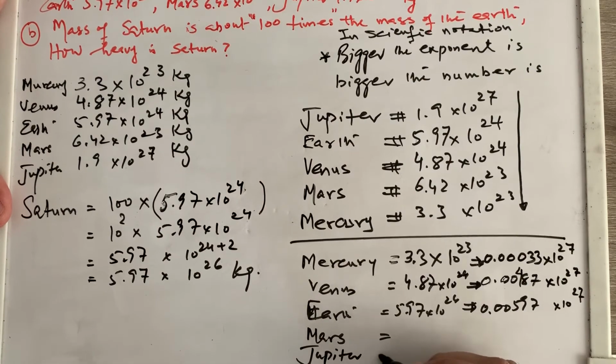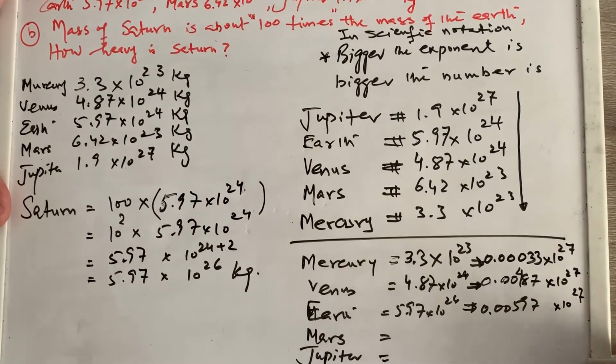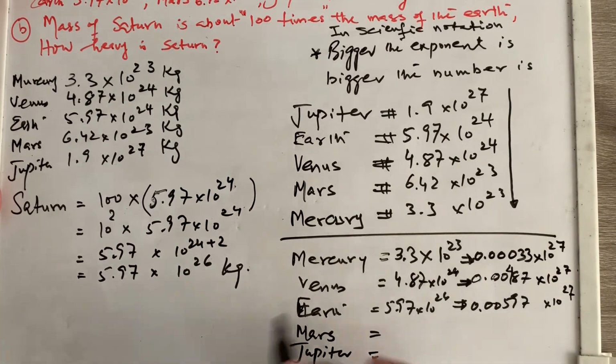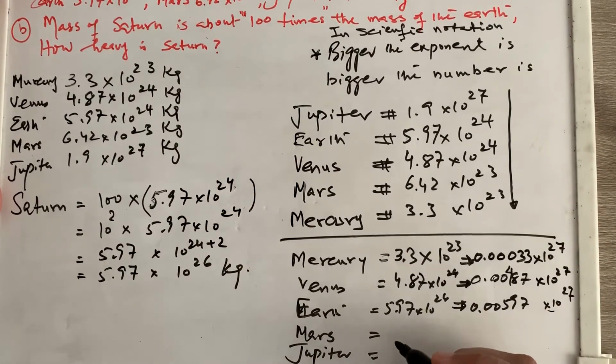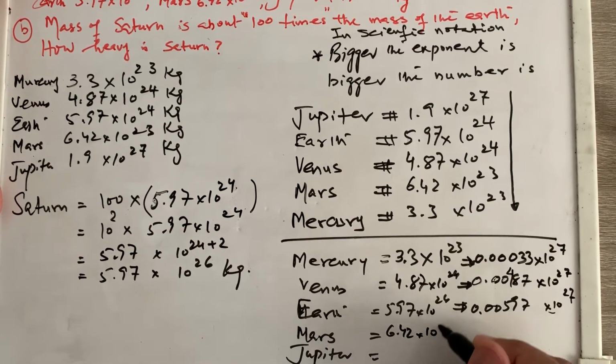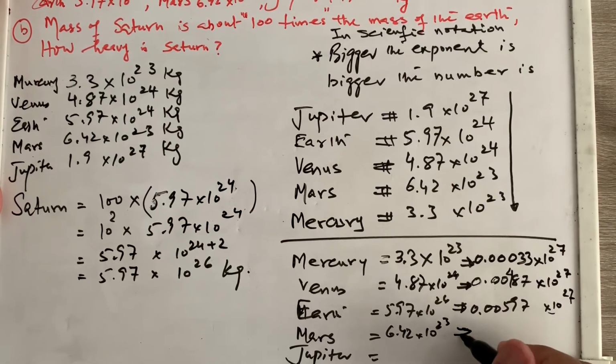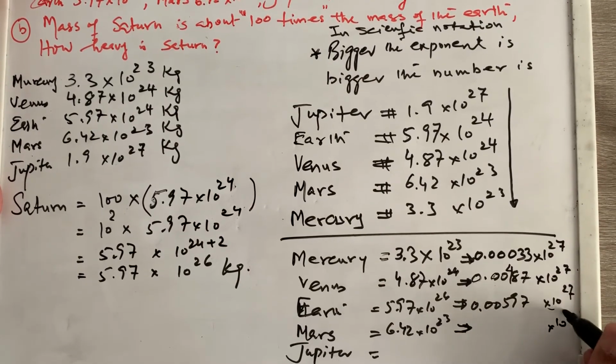This is not the answer to the question, but I am giving you practice: if we want to make all these exponents the same, like 10 to the power 27, the decimal will be moving. So Mars is 6.42 times 10 to the power 23, and I want to write it as 10 to the power 27.